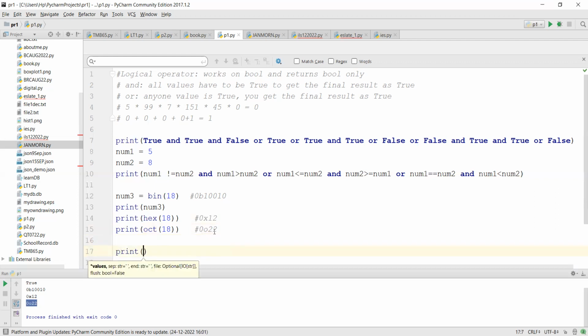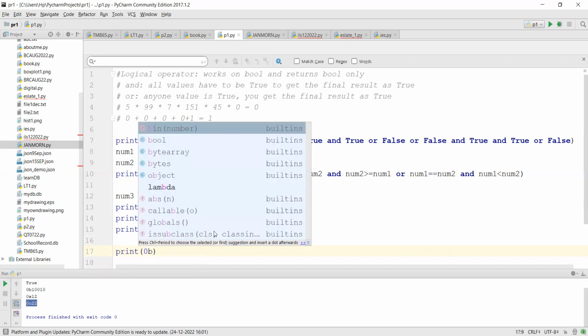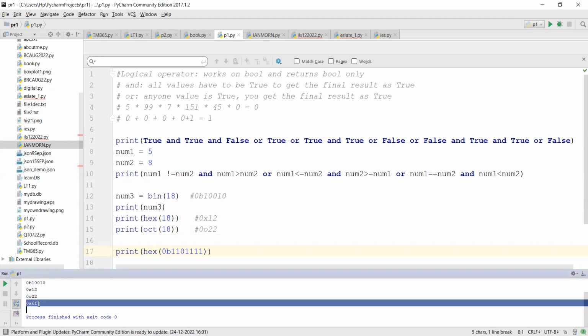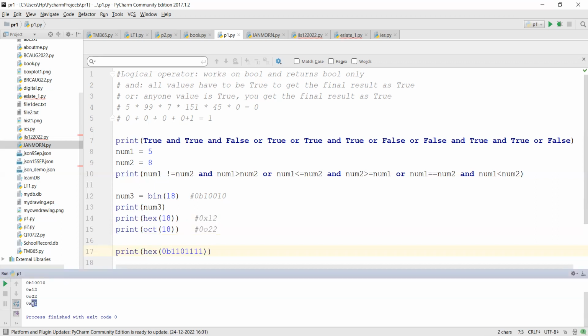You will give 0b, followed by, let's say, 110 1111. Let's say this is a binary number. You say hex. Hex can convert any number into hexa, need not be only decimal. So hex of this will give you 0x6f. 6f is the actual notation in hexa.